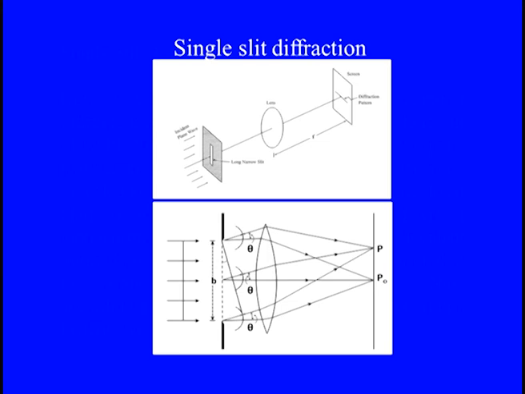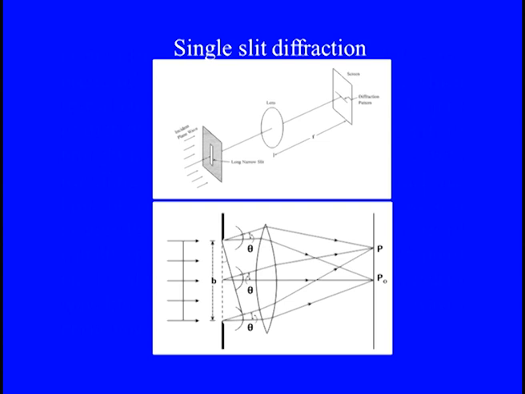Now, according to the Huygens-Fresnel principle, at this instant every point of the wave front in the plane of the slit is to be regarded as the origin of secondary spherical wave fronts, which spread out to the right in all directions.